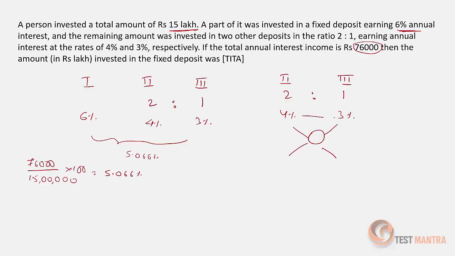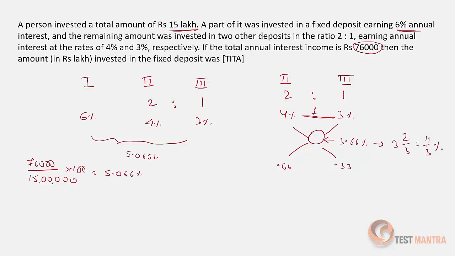So this gap is 1, and I'm supposed to divide this in 2 parts in the ratio of 2:1. That means it will be 0.66 on this side, and 0.33 on this side. I'm adding 0.66 to 3, that means this figure is supposed to be 3.66%. In terms of fraction, 3.66 is nothing but 3 and 2 by 3, or else 11 by 3%.